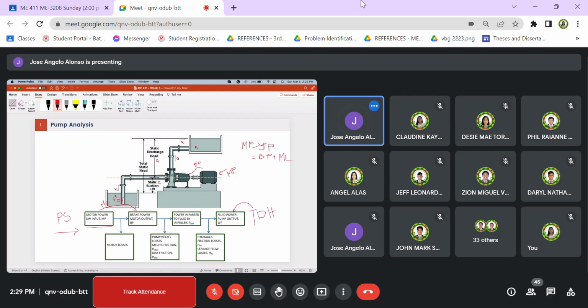Then we'll jump to pump naman. So from this side going to this side. So yung output ng motor, we call that brake power, which will be the input ng ating pump. So sa pumping arrangement, we have what we call here as power imparted to fluid by the impeller. So ang purpose ni motor is to convert the electrical energy into rotational energy or mechanical energy, tama?